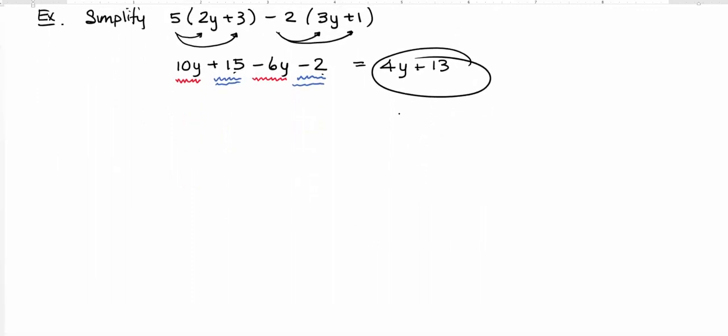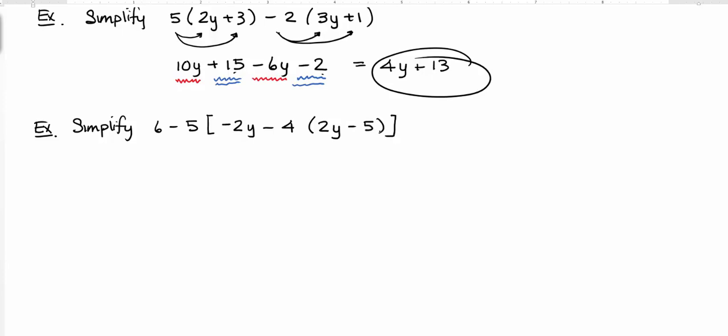Okay, let's do one that's a little bit longer. Simplify 6 minus 5 times the quantity, negative 2y minus 4 times the quantity 2y minus 5.